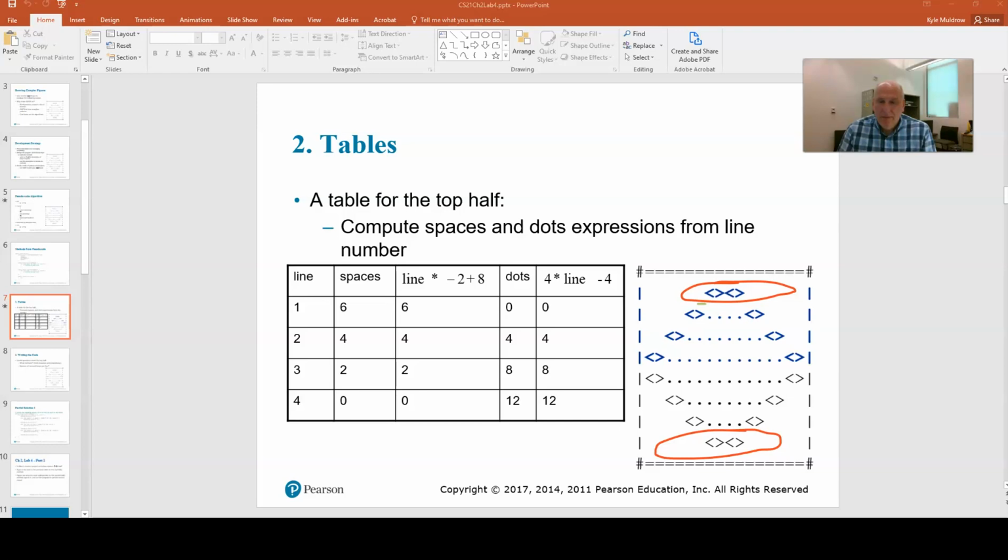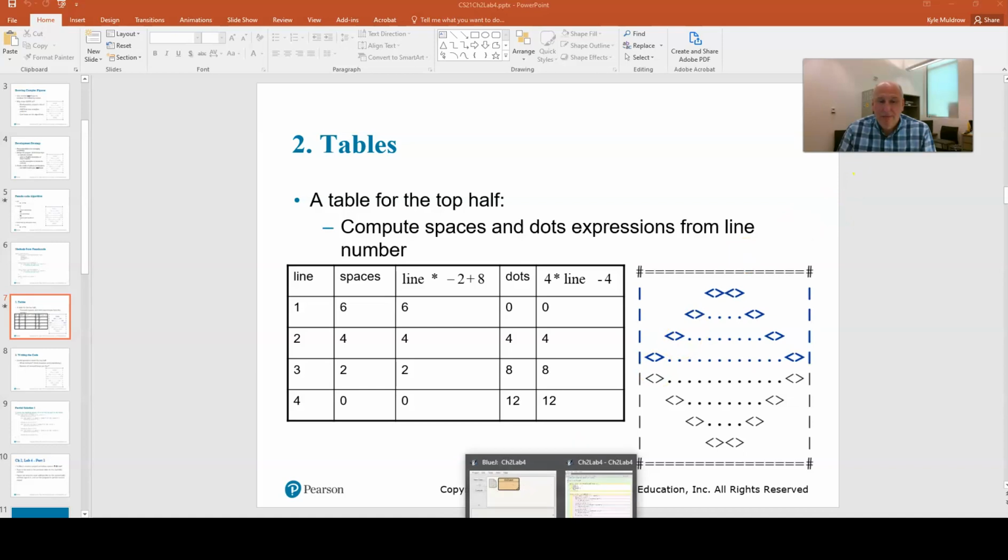Similarly, here is line 2 of the top half. That looks the same as line 3 of the bottom half. What I'm getting at is the bottom half is an exact mirror image of the top half.